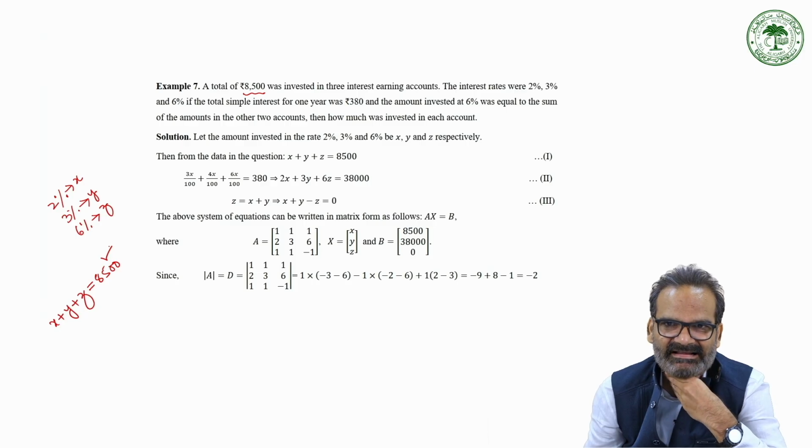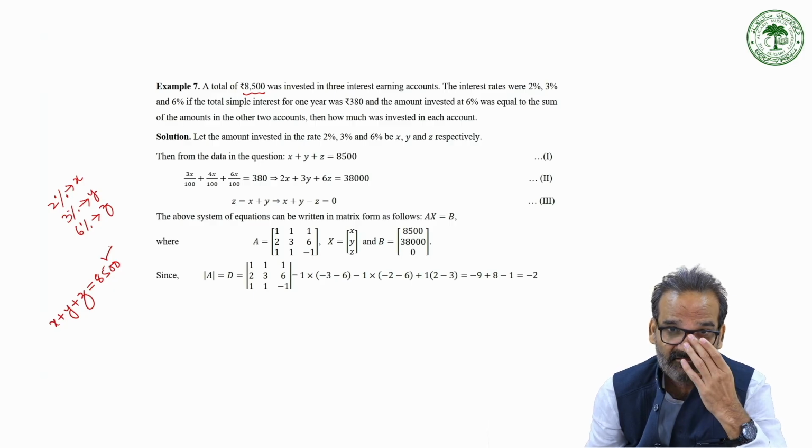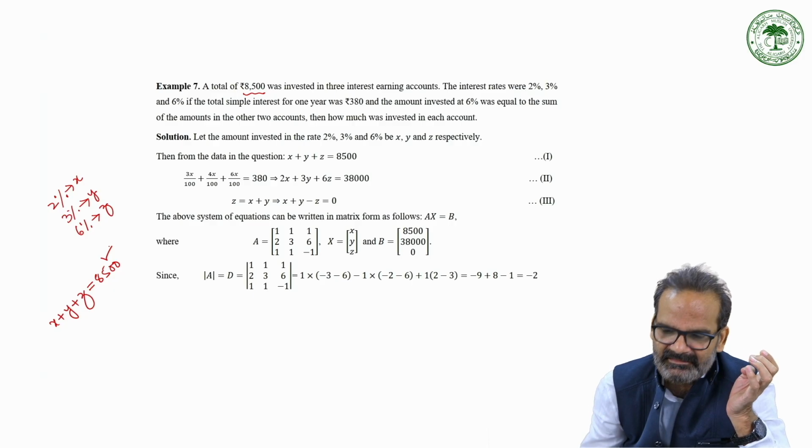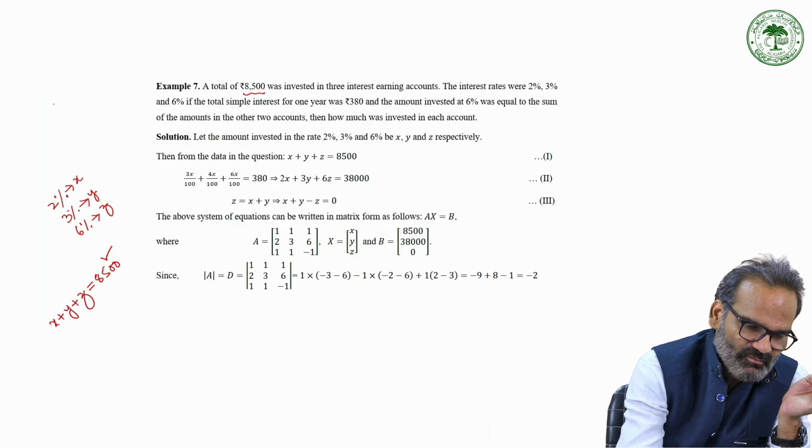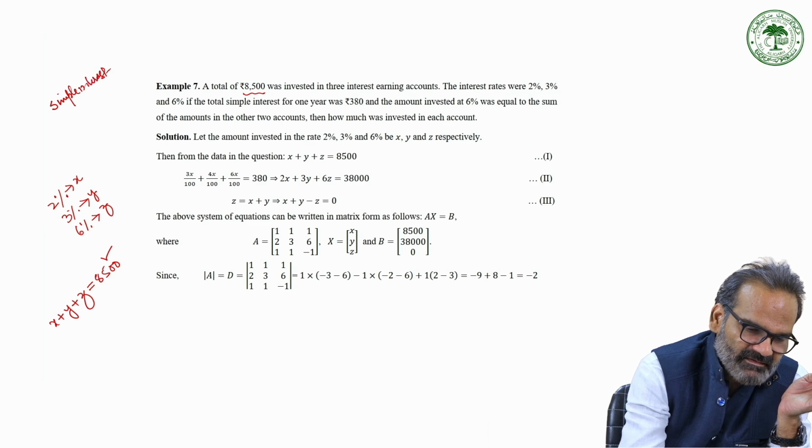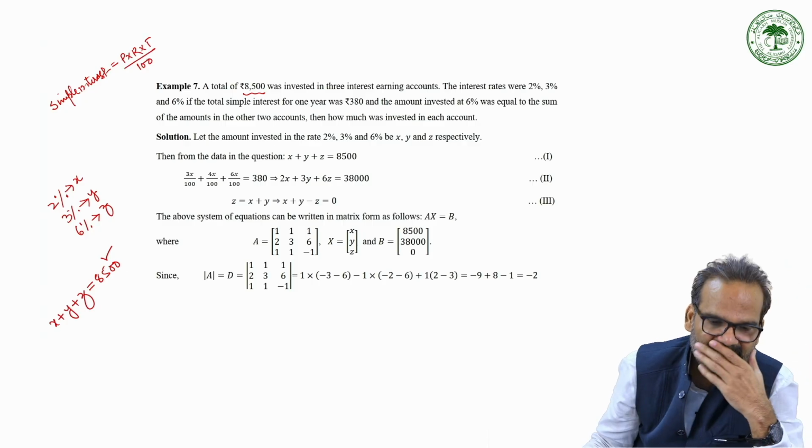What is next? The interest rates were 2%, 3% and 6%, and the total simple interest for 1 year is 380 rupees. Now, if you recall, the formula of simple interest is PRT divided by 100, right?